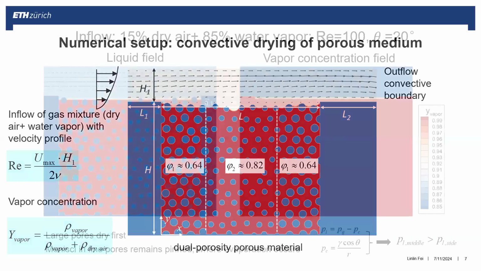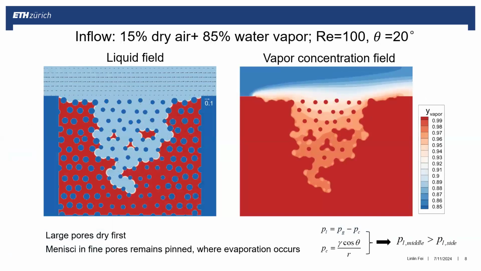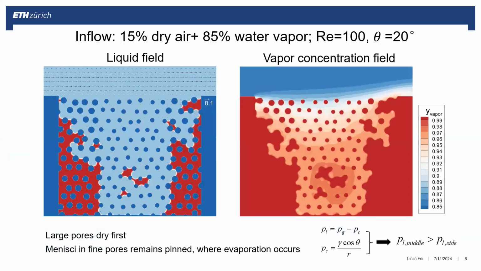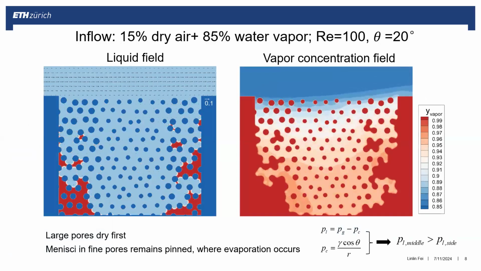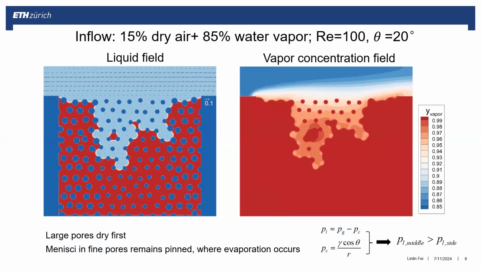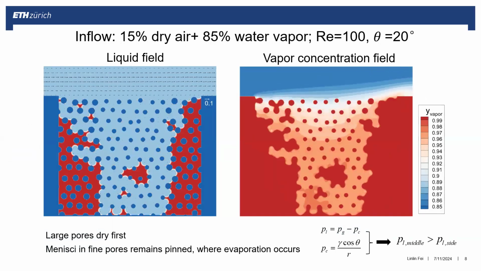And here I show you some results. So this is a case with Reynolds number 100 and contact angle 20. As you can see, we can simulate all the pore-scale information like the liquid field and also the vapor concentration field.